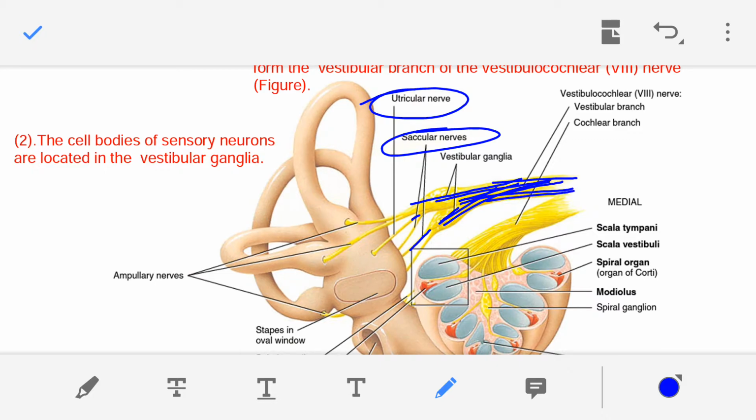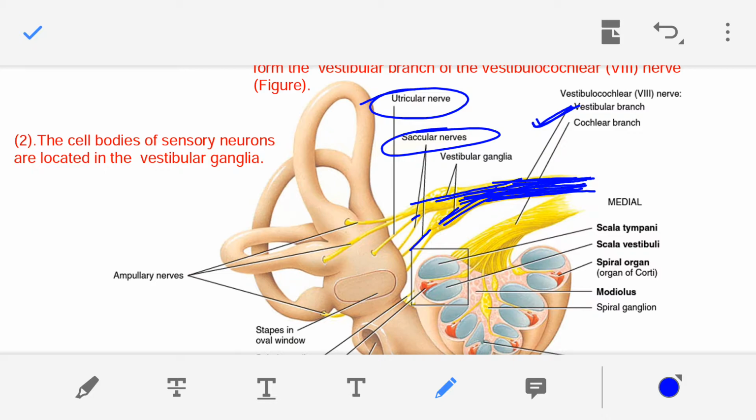The axons, meaning the bundle of axons or the fibers, merge together and form a branch, now known as the vestibular branch. So you can understand that from the hair cell, the neurotransmitter glutamate is released.